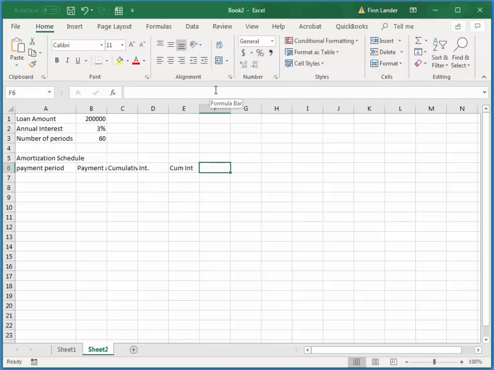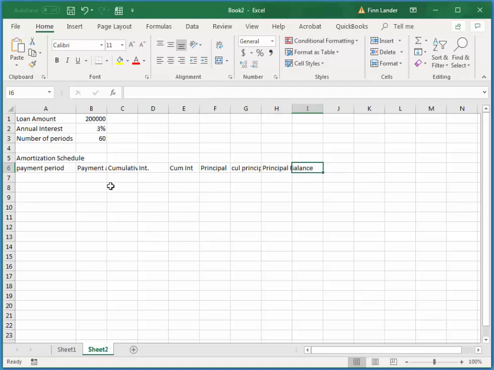And how much of the payment is principal, and how much of the principal we've paid so far, as well as how much of the amount that we borrowed do we have left. So not the amount plus interest, but the principal balance.